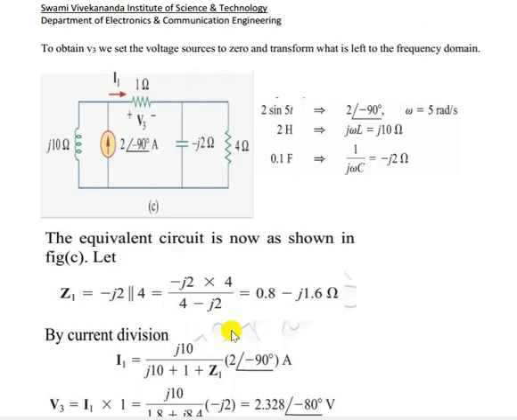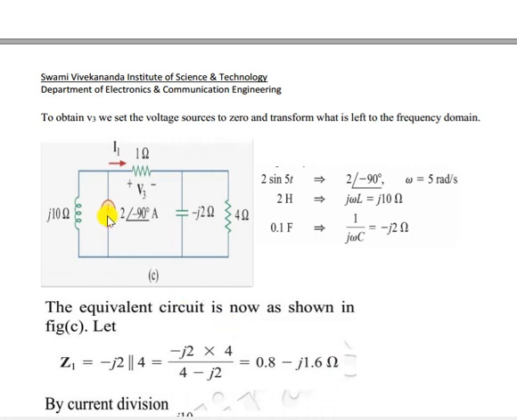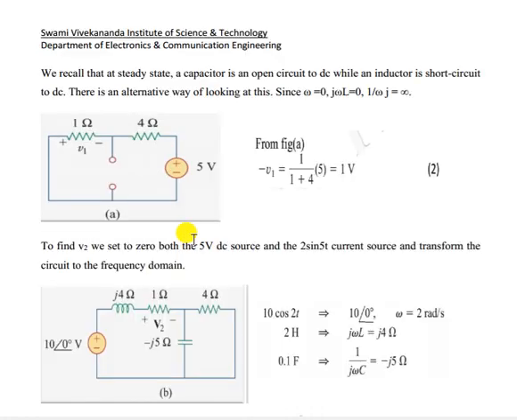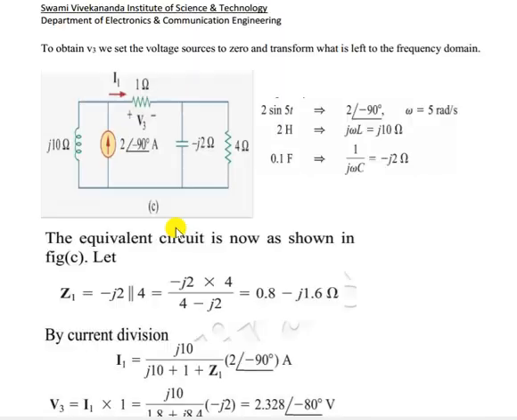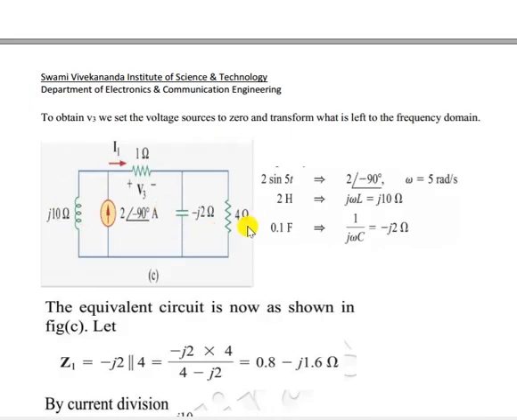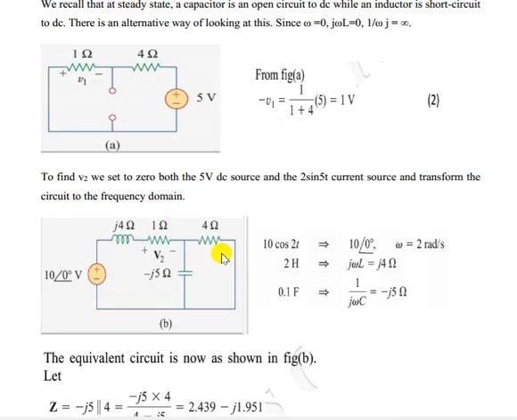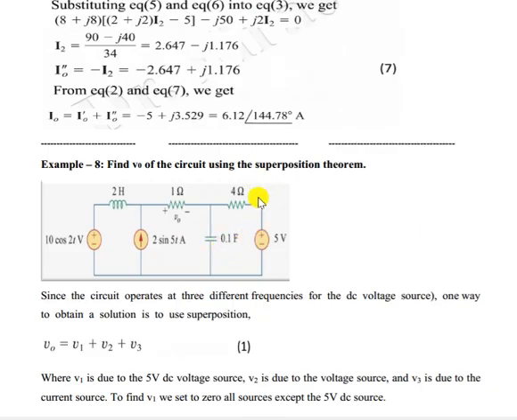Now for V3, that means due to this current source, what happens in this circuit is this becomes short circuited, so this 2 ohm 2 Henry inductor comes in parallel with this current source. So current source and other circuit remains same, where this voltage source is shorted.